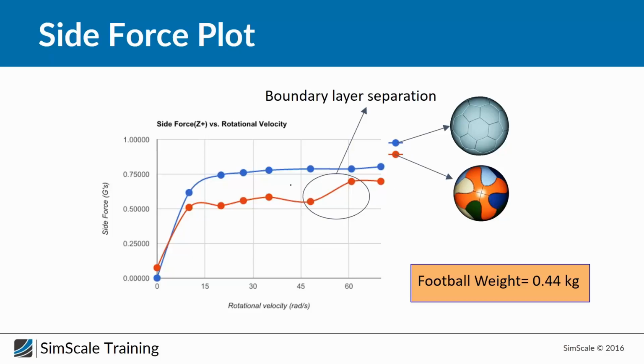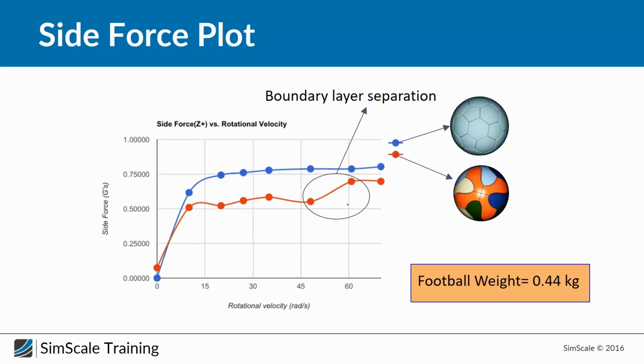And here we can do two things. First of all, the overall drag is higher for the generic football because of the separations we have. So we have more separations in general and more drag because of the structure of the panels. But what we can also see is that here we have a jump for the new ball design, and here we have additional boundary layer separation.